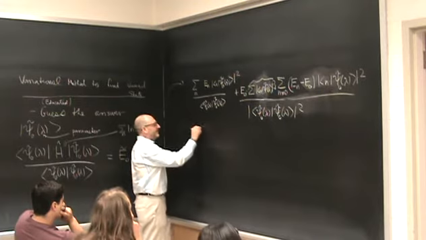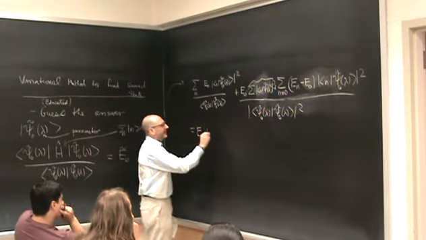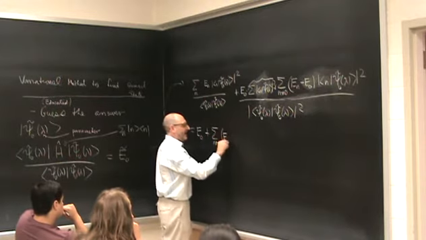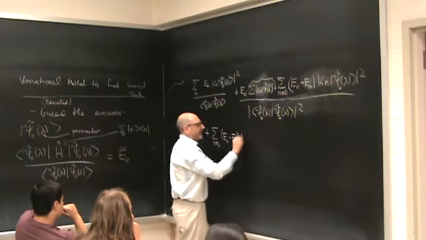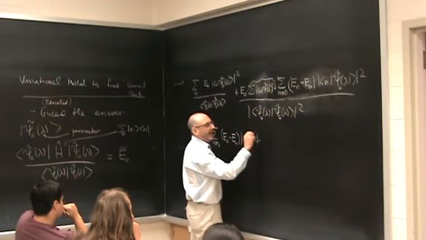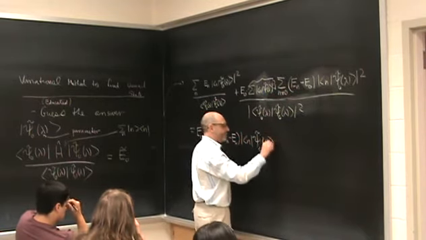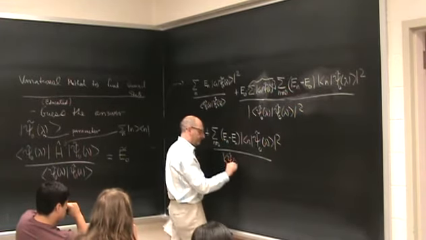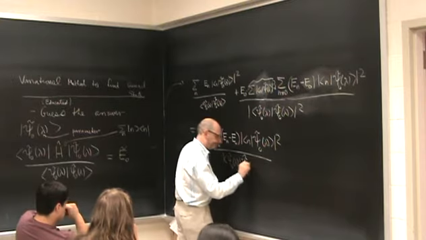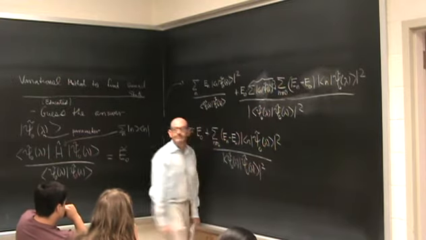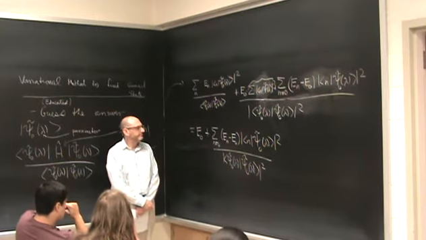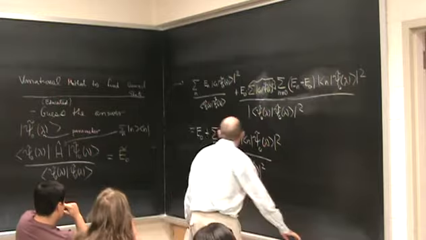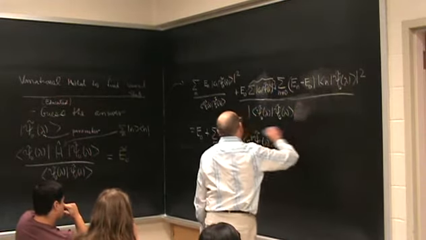So what I get is that this is E0 plus the sum over n not equal to 0 of En minus E0 times the probability in state n over the norm. Should it be the absolute square in the denominator or just the inner product? Oh, it's just the inner product, thanks. Yeah, sorry. Indeed, got myself confused.